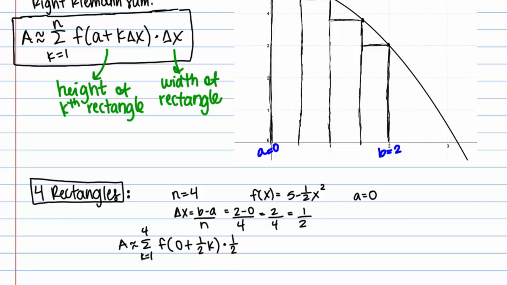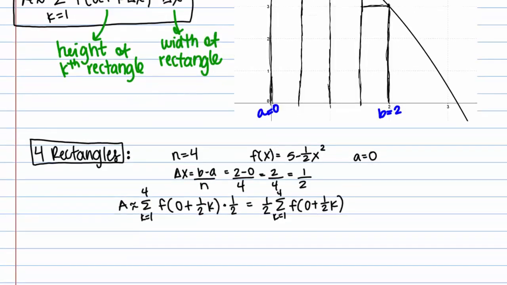One thing I can do to make this a little nicer: this 1/2 is a constant multiple, so I can pull that out front. Then I have 1/2 times the sum from k equals 1 to 4 of f of 0 plus 1/2 k. Well, what is that?